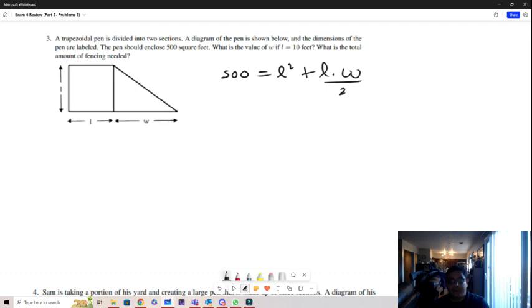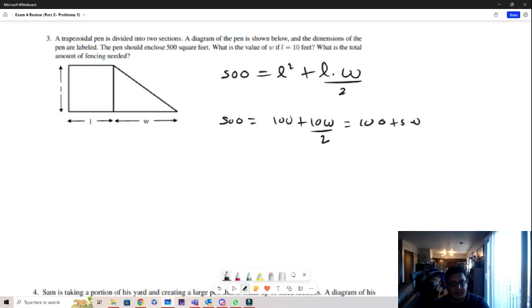We want to know what is the value of W if L is 10 feet. One of the things that we can do is replace L by 10 in here. And so we're going to get 100 plus 10W over 2, or 100 plus 5W.